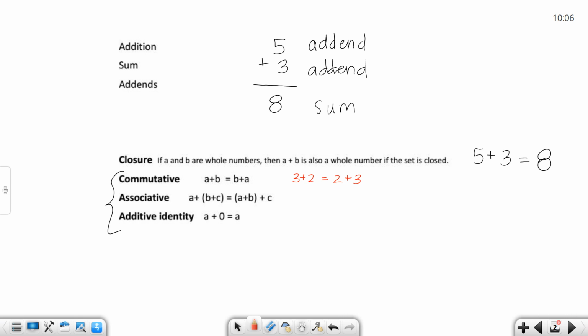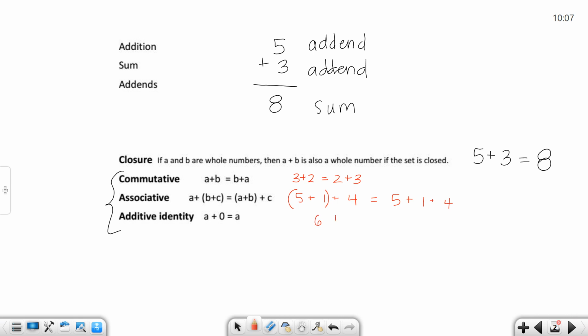Associative is grouped. See how the associative property has three things, A and B and C? It doesn't matter if you add A and B first or if you add B and C first, you're still going to get the same answer. So let's say that I took 5 plus 1 plus 4. Let's say over here I added these two first.